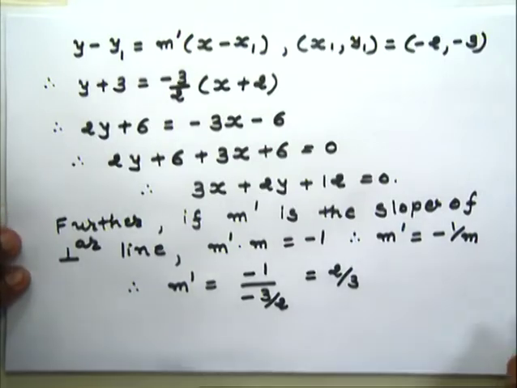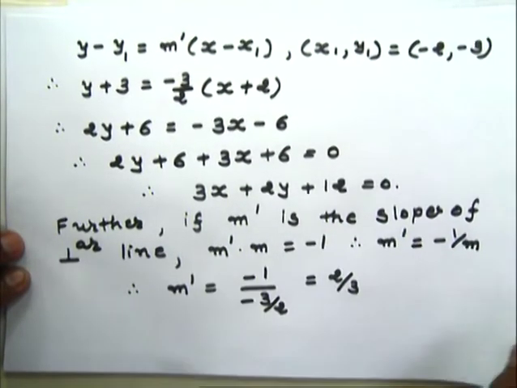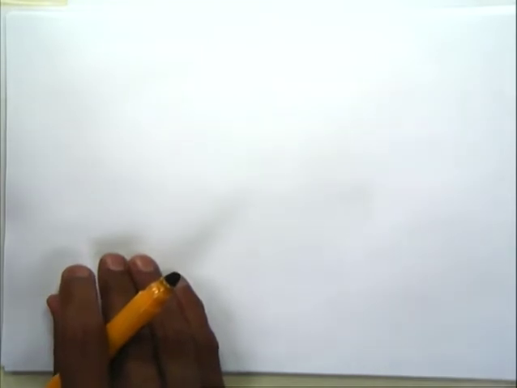So now we have the slope. The point remains the same. Now we have to write the equation of the perpendicular line.